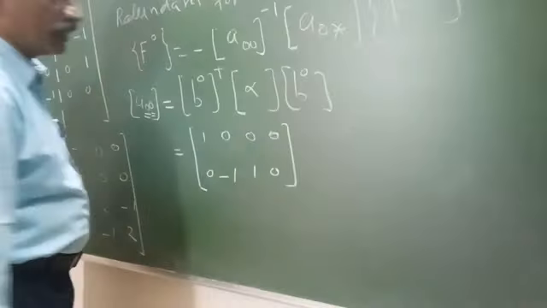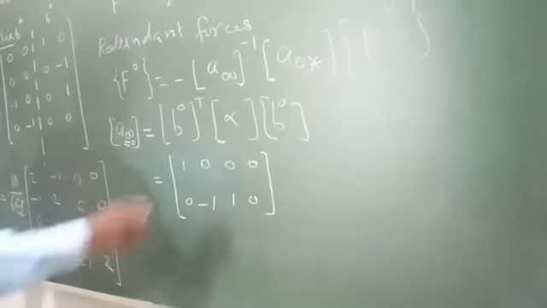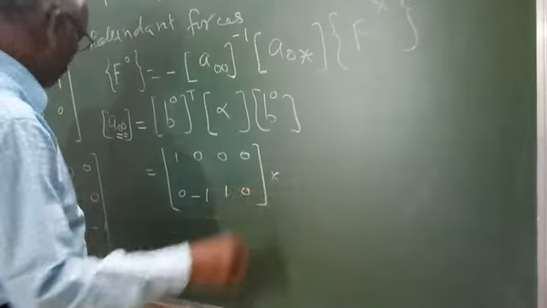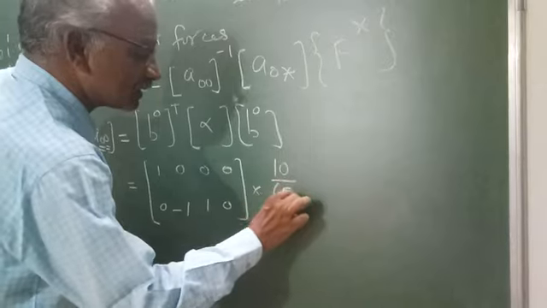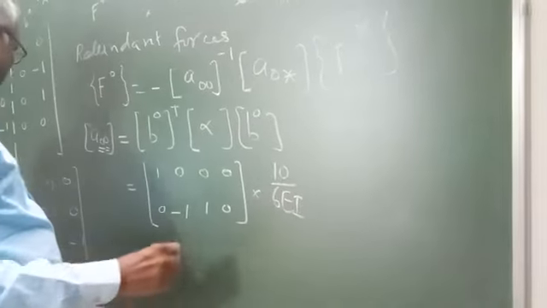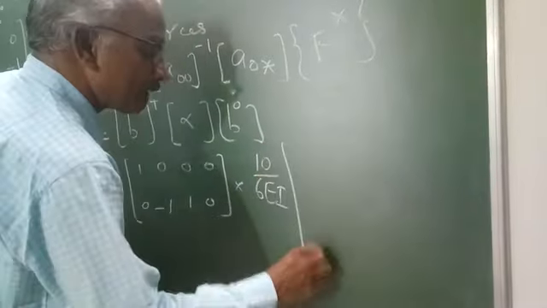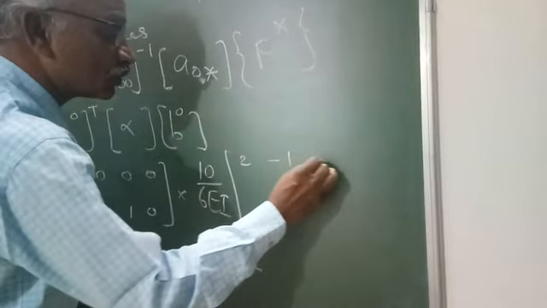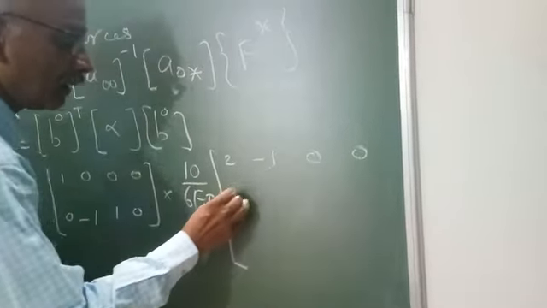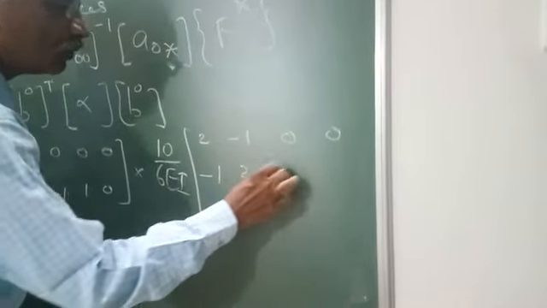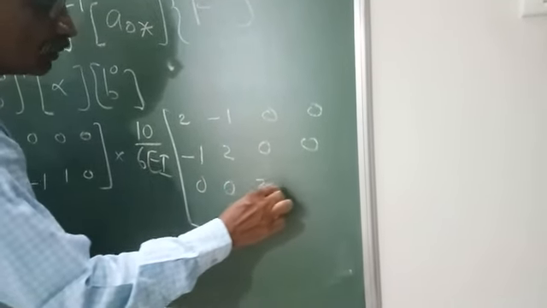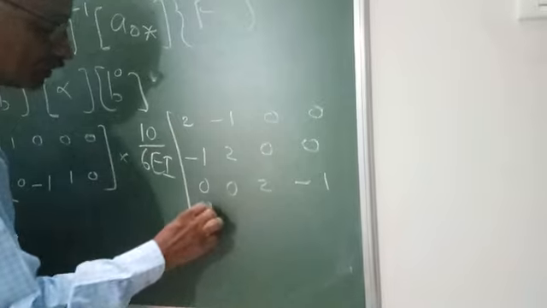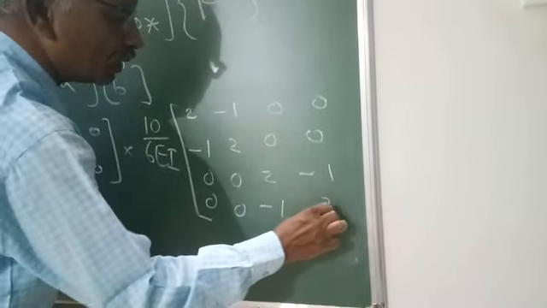So this is B naught. B naught into alpha. Alpha is equal to 10 by 6 EI times the matrix 2 minus 1 0 0, minus 1 2 0 0, 0 0 2 minus 1, 0 0 minus 1 2.